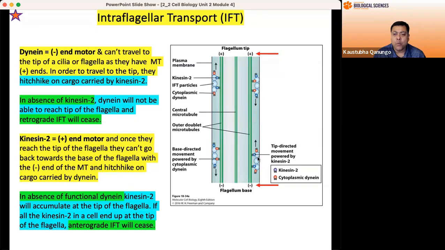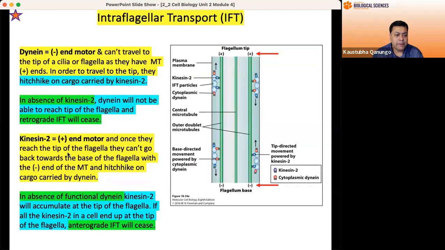If you miss any one of them, the proteins that need to go back can't. So you do not have kinesin 2, and all these dyneins are moving the cargo towards the body of the cell and are stuck there. They cannot go back to the plus end, so the retrograde movement will essentially cease. They cannot bring anything from the plus end towards the minus end.